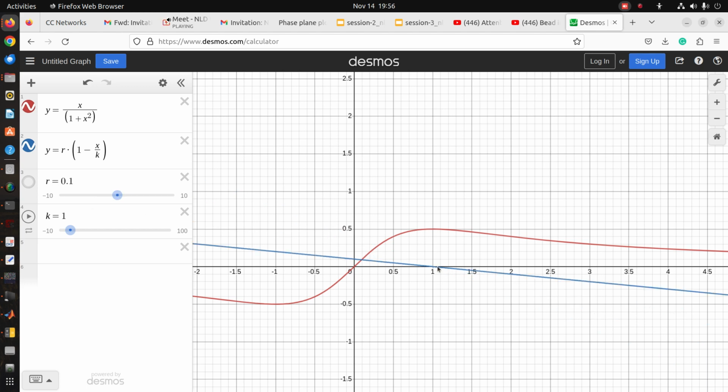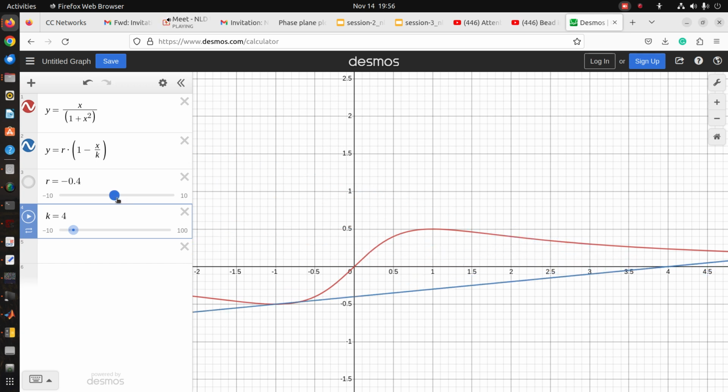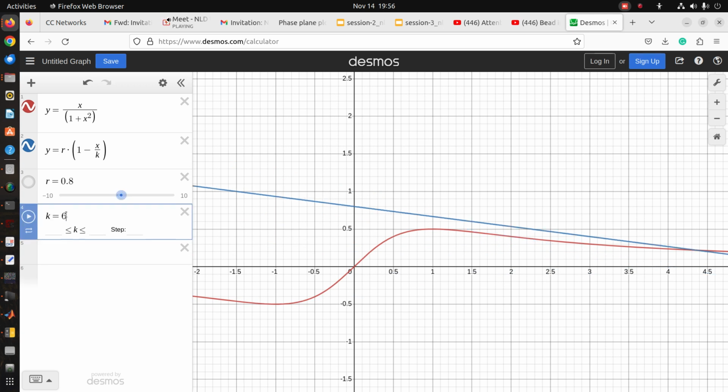Here I took the carrying capacity as 1. If I take that value to a higher value, say 4, I'll have a tangent over there, but I will take 6.